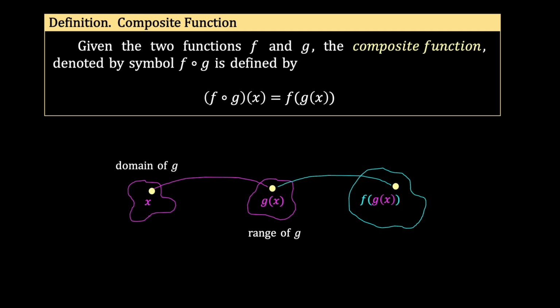So in order for us to generate f of g of x, we must correspond some element from here, which is g of x, to here. That's why this region is what we call the domain of f, and it implies that this will be the range of f. And that entire procedure is equivalent to f circle g. And that is how composition of function works.